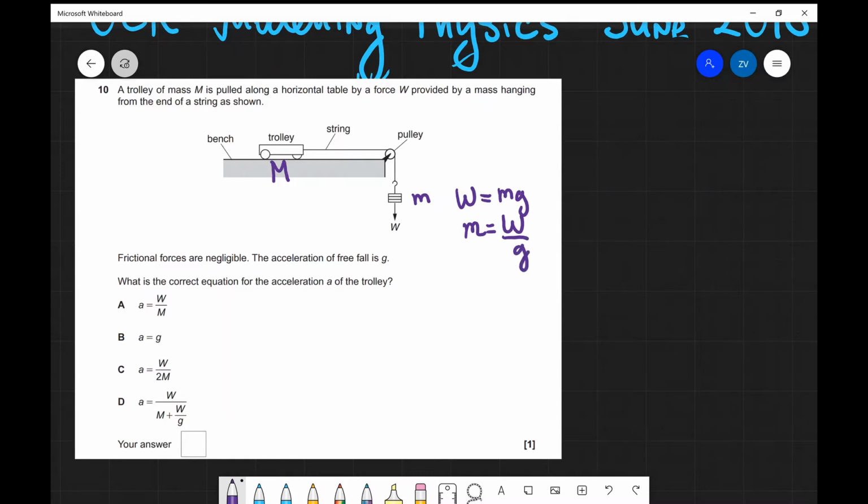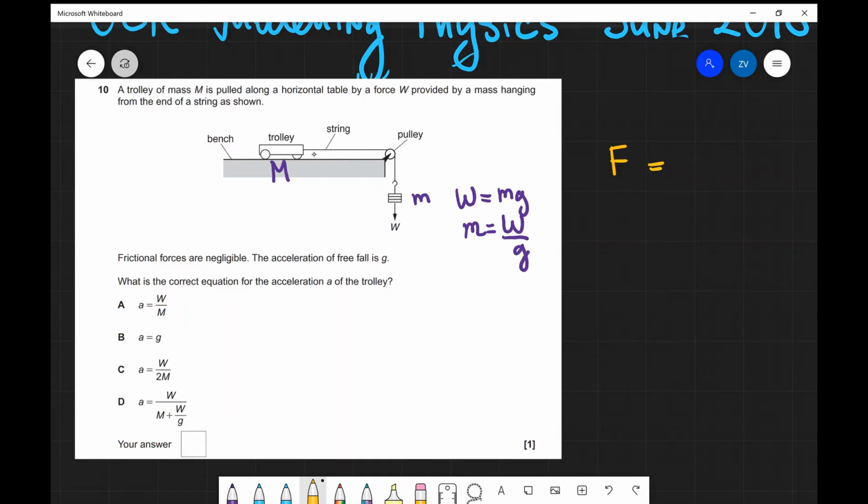Okay, well, let's find an expression for the correct equation of the acceleration. We're going to have to use Newton's second law over here. So Newton's second law suggests that the net force acting on an object is equal to the total mass multiplied by the acceleration of the system. Now this weight W here doesn't act on just one object, it acts on two.